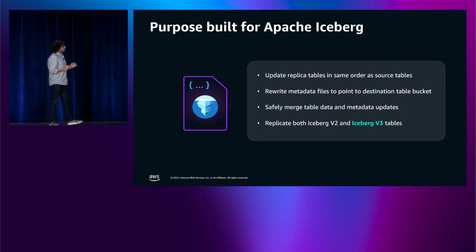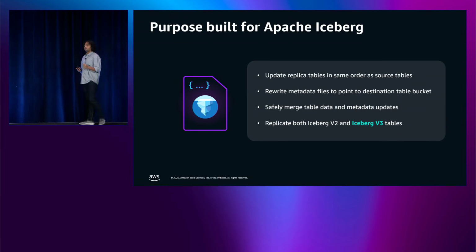Now finally, let's talk a little bit more about how this is purpose-built for Apache Iceberg. The first thing, as I mentioned, is this is not asynchronous replication. What we really do here is we understand the sequence in which your commits or your tables were updated in the source, and then we apply the same sequence as we replicate to the destination.